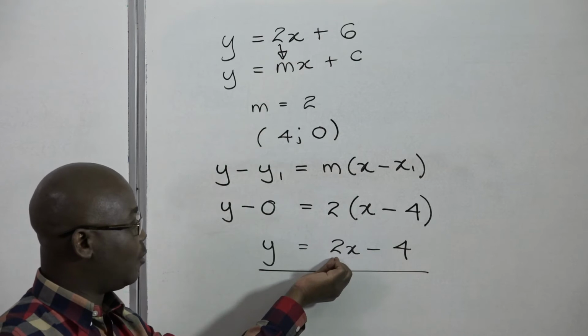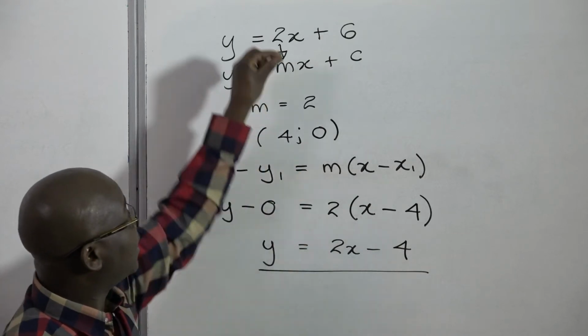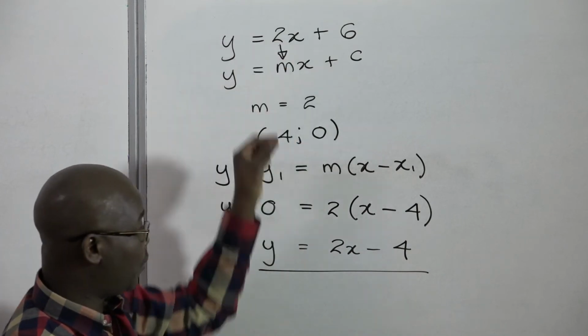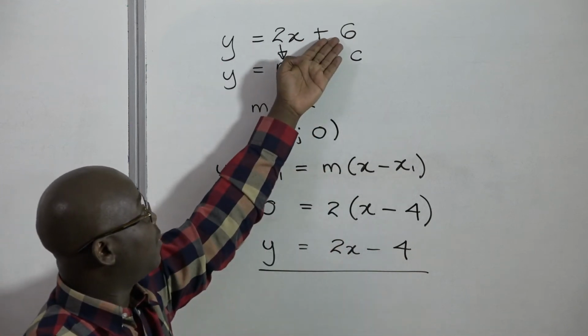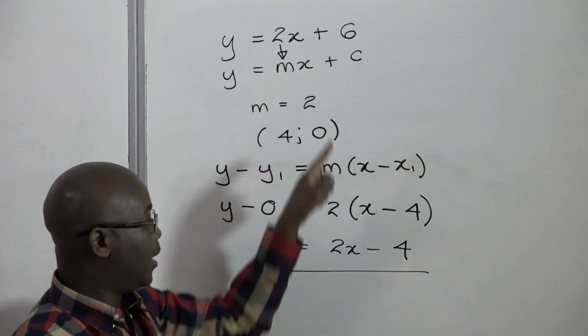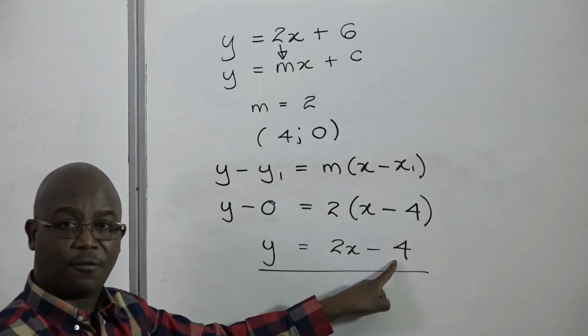You can see that the gradient, which is the coefficient of x, is 2, just like that gradient there. So because they've got the same gradients, they will be parallel. The only difference is that the first line will cut the y-axis at 6, and this will cut the y-axis at minus 4.